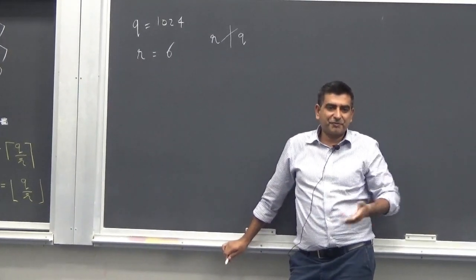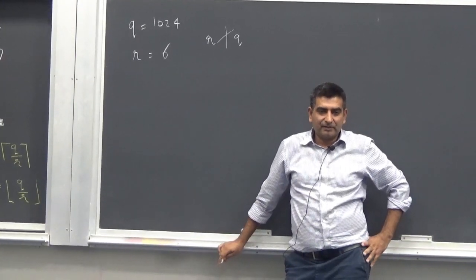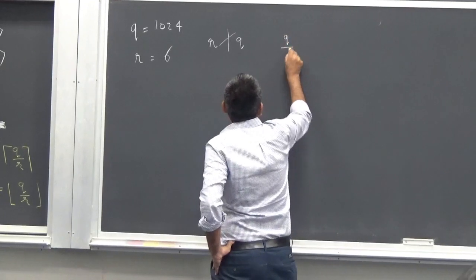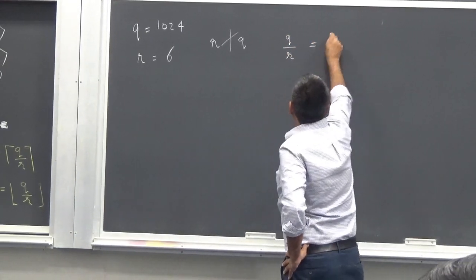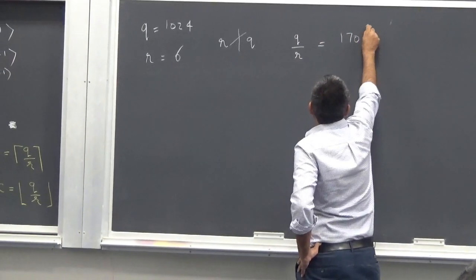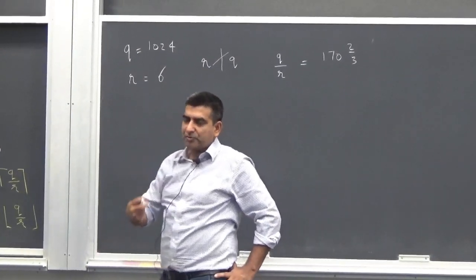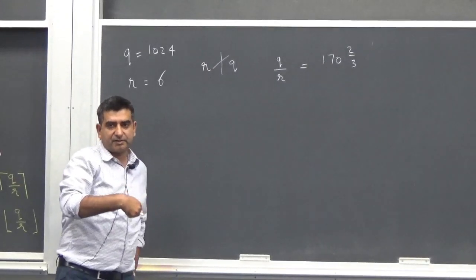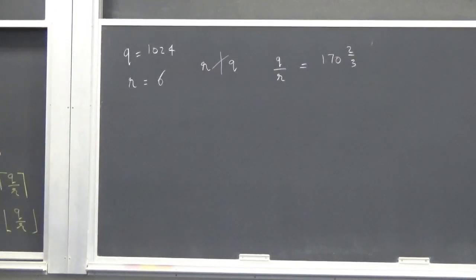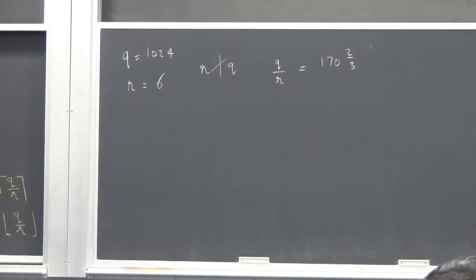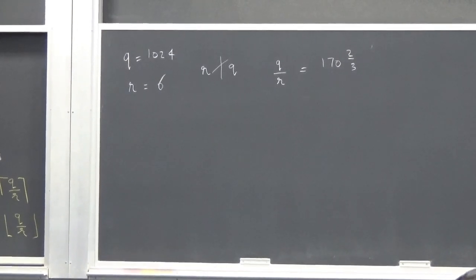So what integer do I choose? I think Q over R in this case would be 170. It's not going to be an integer but a fraction plus an integer. Anyway, just look at practical examples if you want to get more meaning out of this.